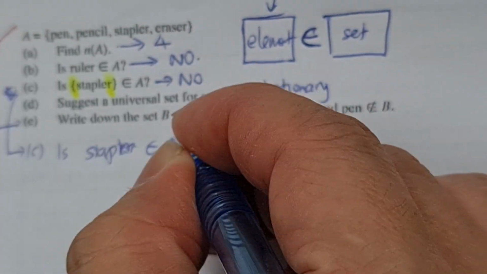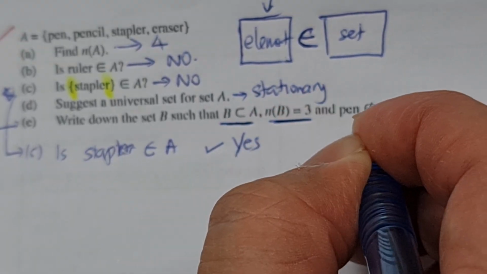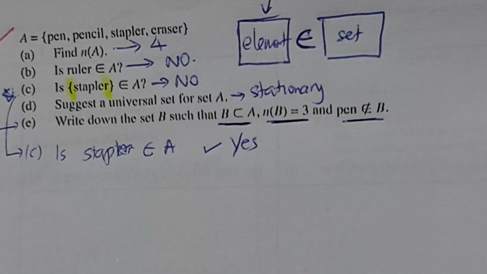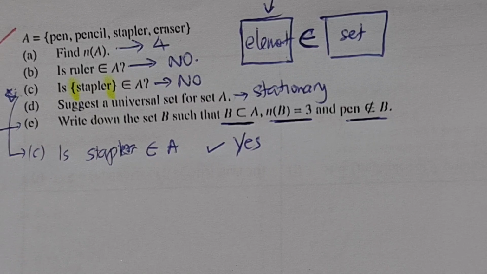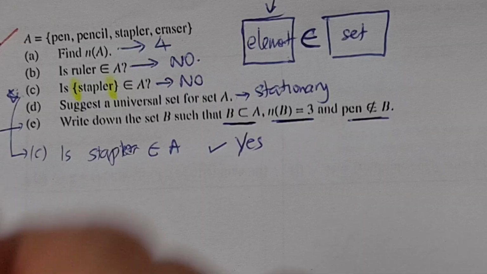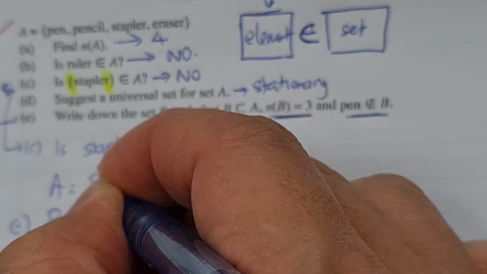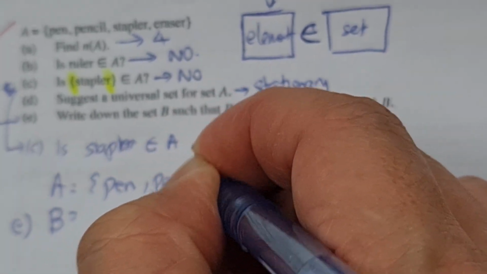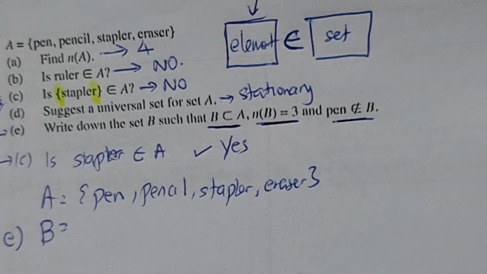A proper subset is smaller than A, there are three elements inside, and pen is not an element of B. A is pen, pencil, stapler, and eraser.